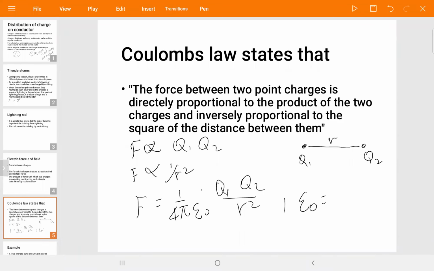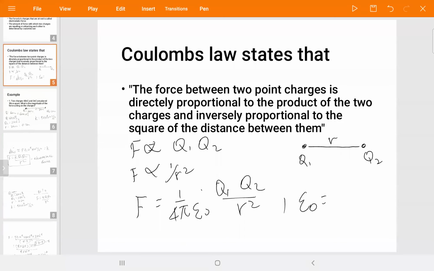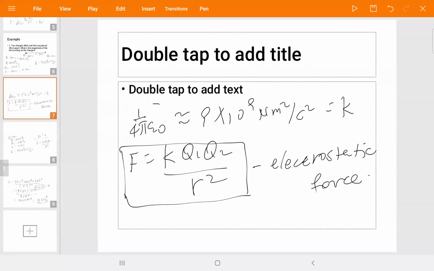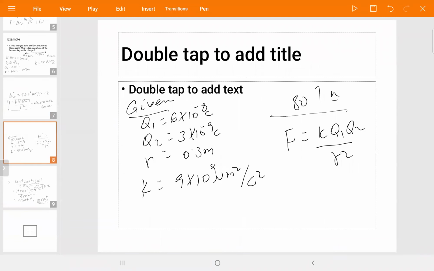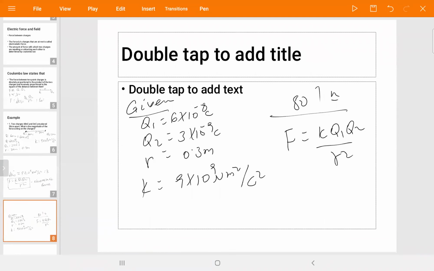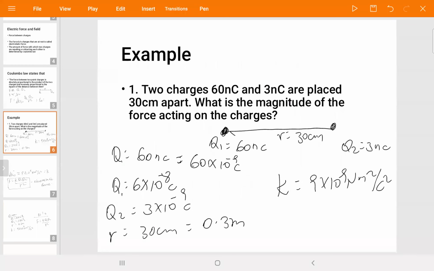But rather than using 1/4 pi epsilon naught, we look for another constant, because these quantities are constant. 4 pi and epsilon naught are constant, and by combining them in calculation, we can produce another constant, which is called the electrostatic force constant, and its value is 9 times 10 to the power of 9 Newton meter squared over Coulomb squared.